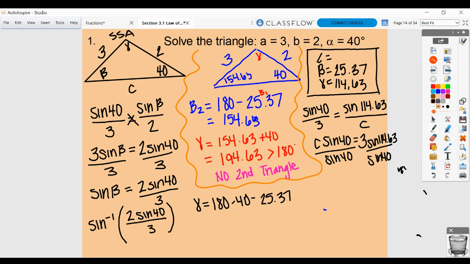So in your calculator, 3 sine 114.63, make sure you close that parenthesis, divide by sine 40, and you get 4.24. So this one only had one triangle.